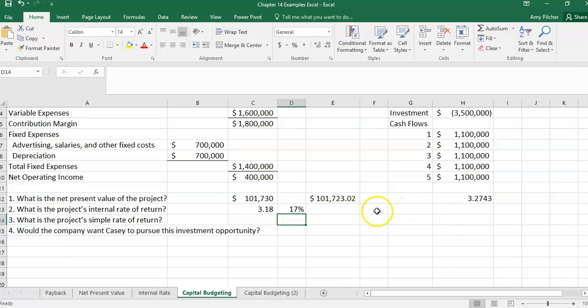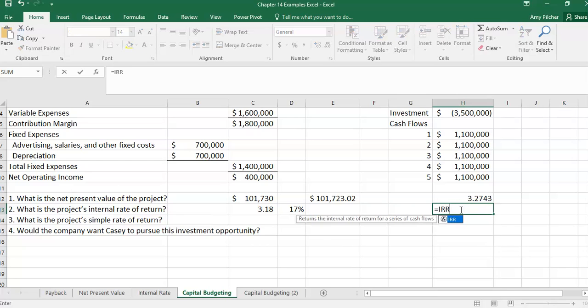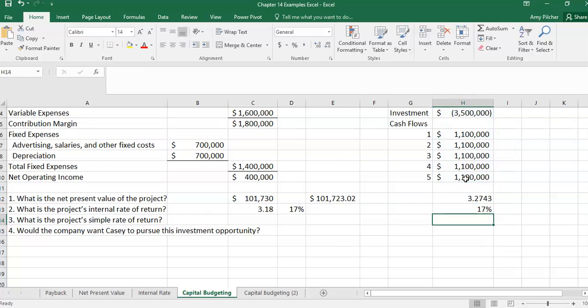Or we can calculate it with Excel. Internal rate of return precisely is 17.24%. The third question it asks is, what is the project's simple rate of return? The simple rate of return is also called the accounting rate of return.